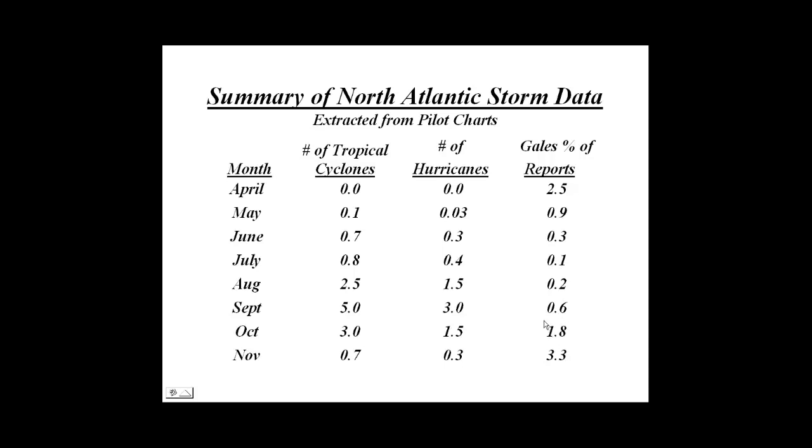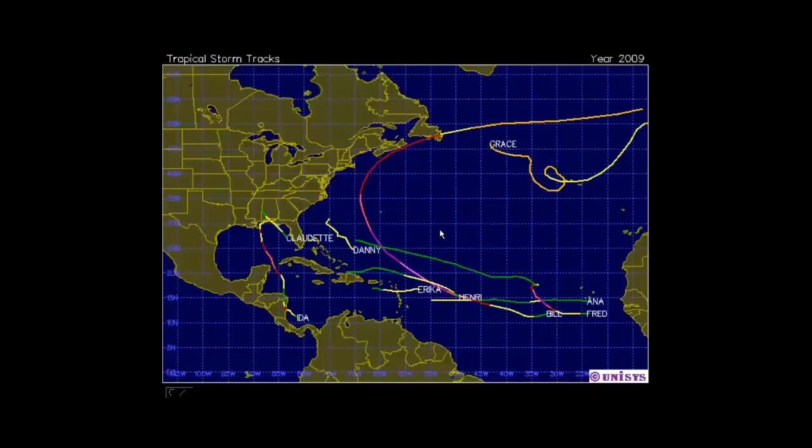So if we're going to choose the best time to sail to Bermuda, well, not surprisingly, June is the month that most people choose, and it has some possibility of hurricanes and tropical cyclones. It has some possibility of northern system gales, but it's kind of the optimum balance between the two. And this information, as I say, is extracted from the pilot charts for the Atlantic Ocean.